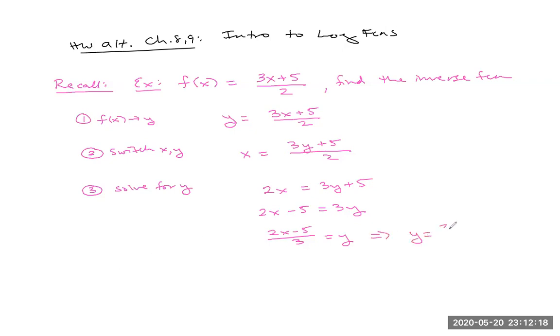So y equals 2x minus 5 over 3. And then we would change y to f inverse of x. So what we get is that f inverse of x is equal to 2x minus 5 divided by 3.